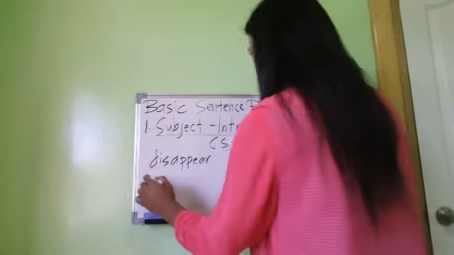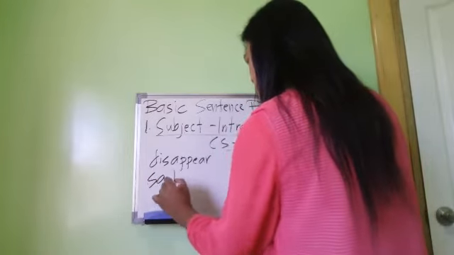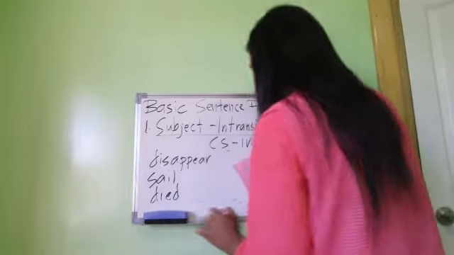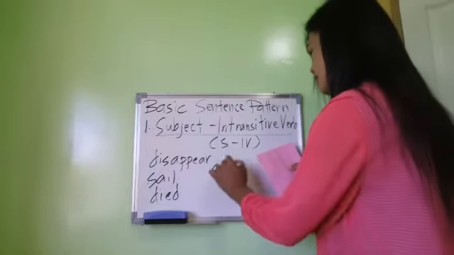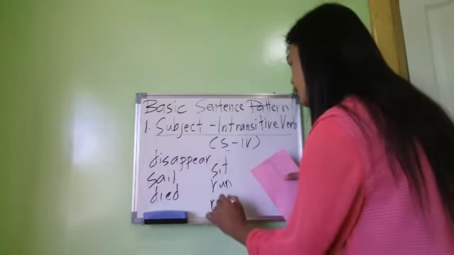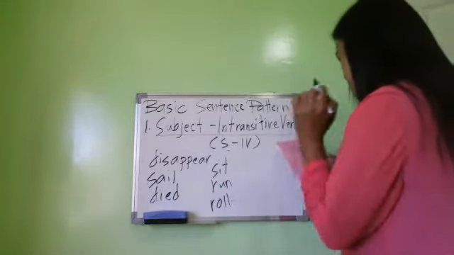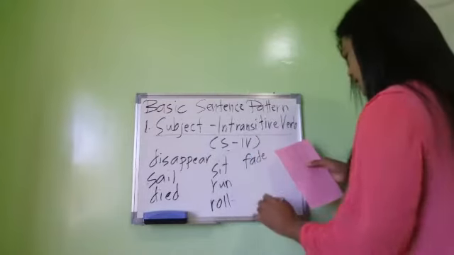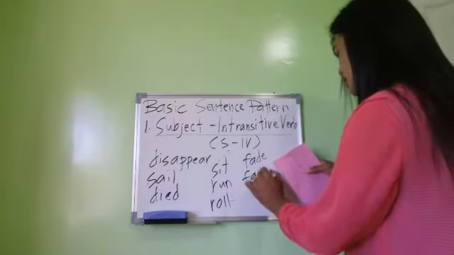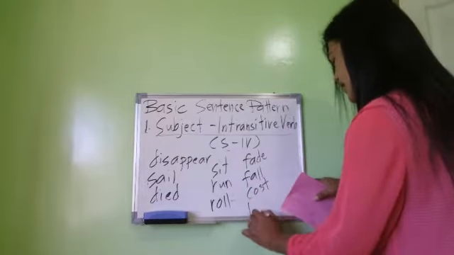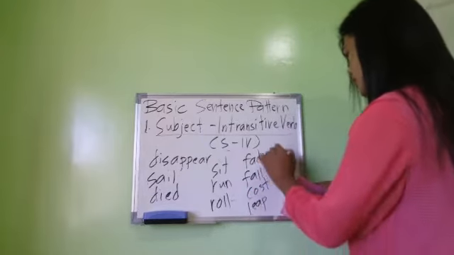Then sail. Died. Sit. Run. Roll. Fade. We also have fall. Cost. Leap. Jump.